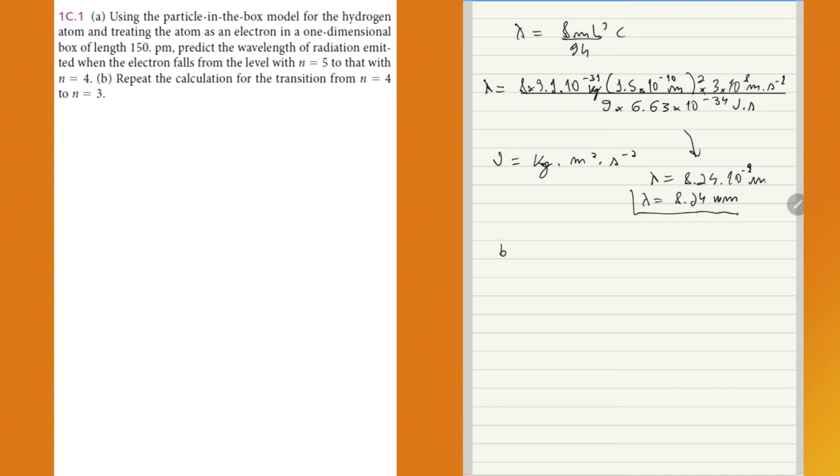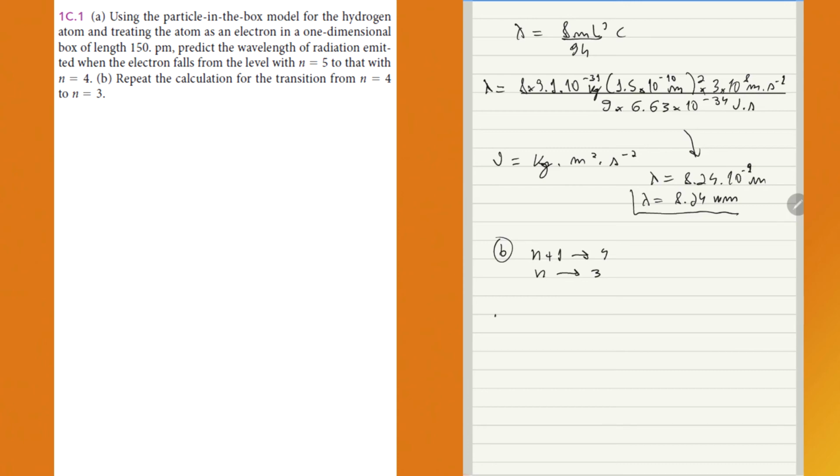And now we go to letter B. The only difference from letter B to A is that the sublevel n plus 1 is equal to 4 and n equals 3.